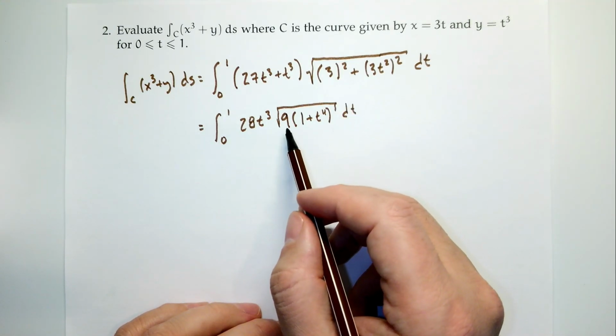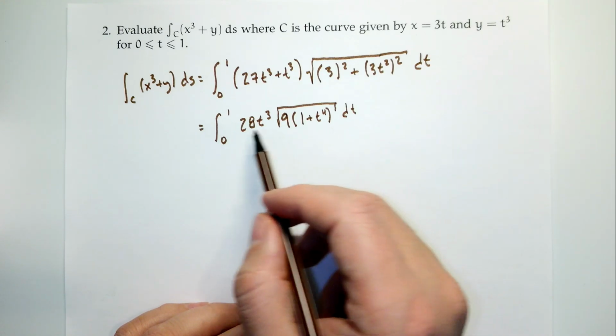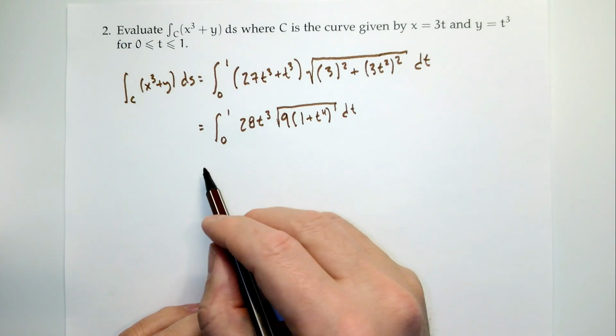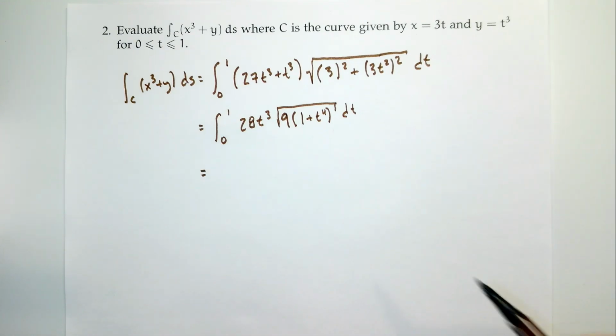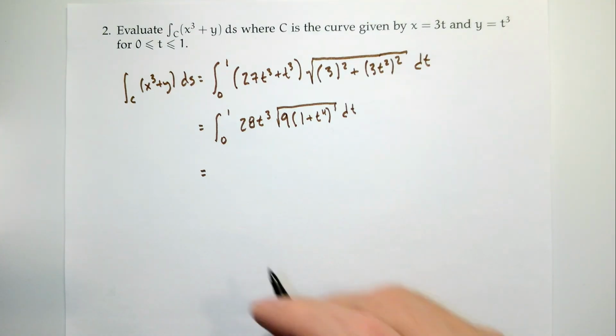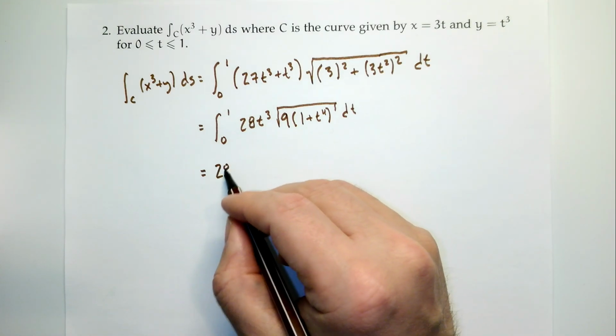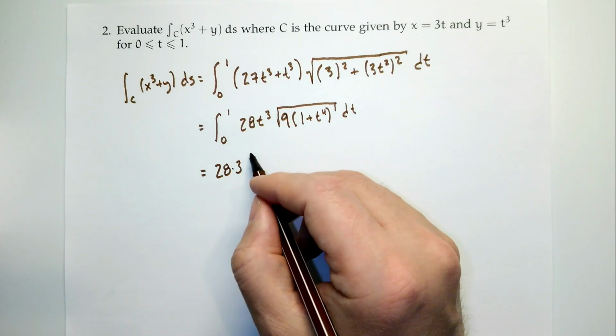Well, square root of 9 is 3, so I can pull that out. And then we have 28 times 3, which is some number. I'll write it as 28 times 3, and we'll deal with it later.